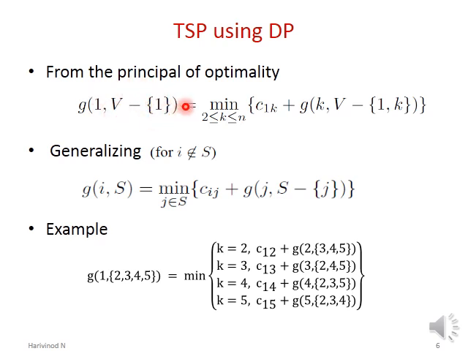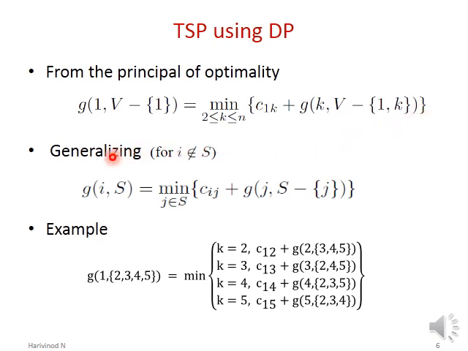This is nothing but, let us start from 1 and go to some other vertex k in this set, and from k visit all other vertices and come back to 1. So the original problem is divided into a single edge plus the set of edges, or the path.